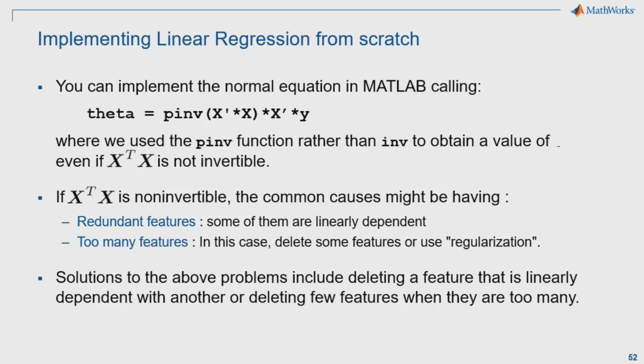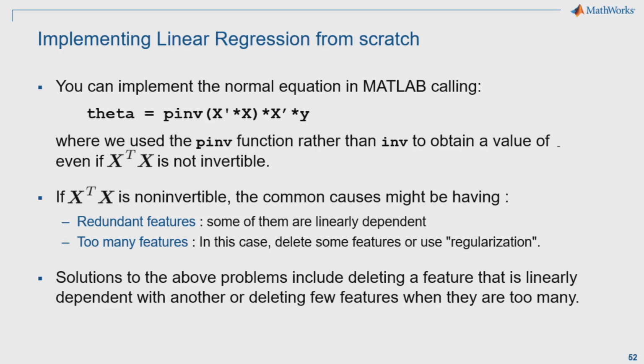Here I just told you that I use inverse. Typically people use pinv instead of just inverse, which is the computation of the pseudo inverse instead of the inverse of the matrix, to avoid the possibility that x transpose times x is not invertible.